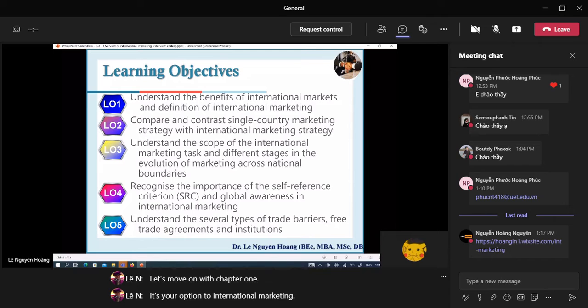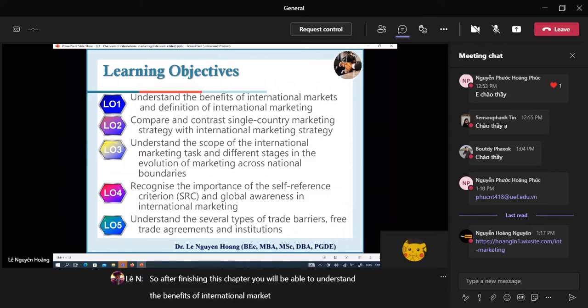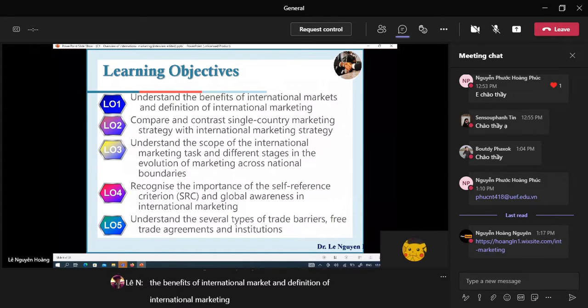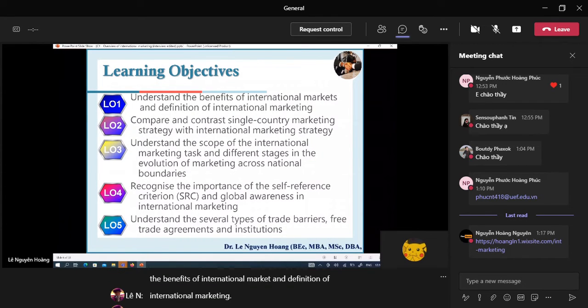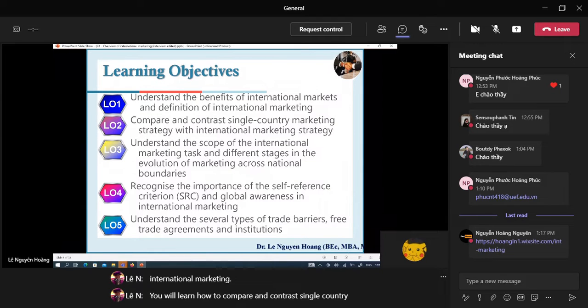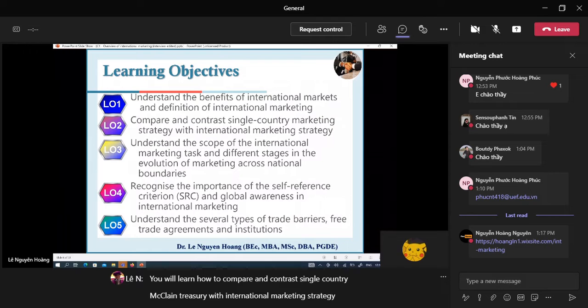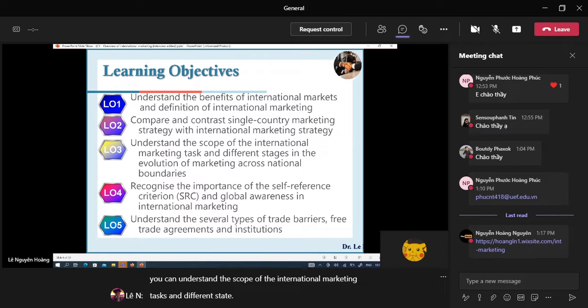After finishing this chapter, you will be able to understand the benefits of international marketing and its definition. You will learn how to compare and construct single country marketing strategy with international marketing strategy. You can understand the scope of the international marketing tasks and different stages in the evolution of marketing across national boundaries.